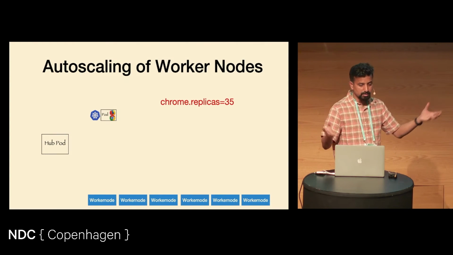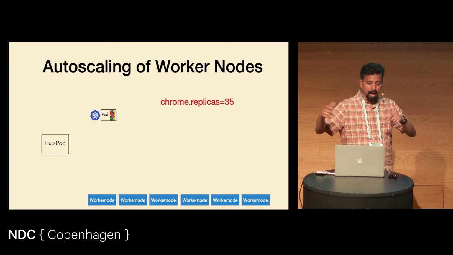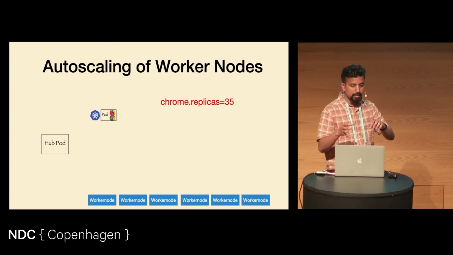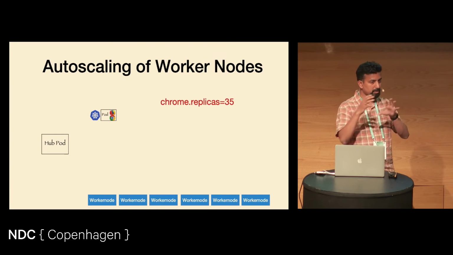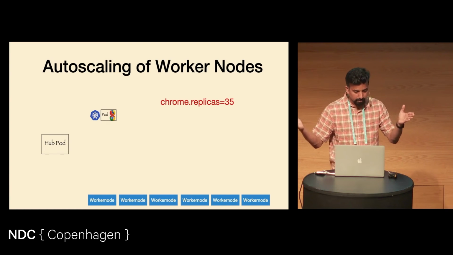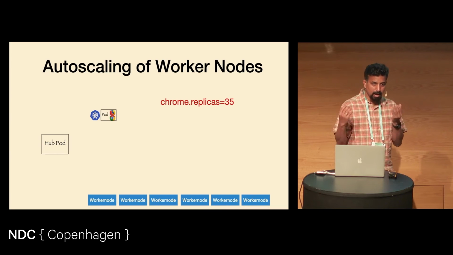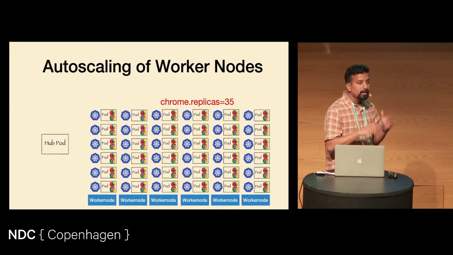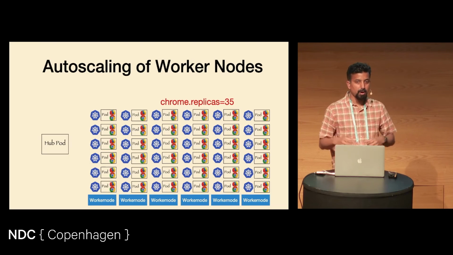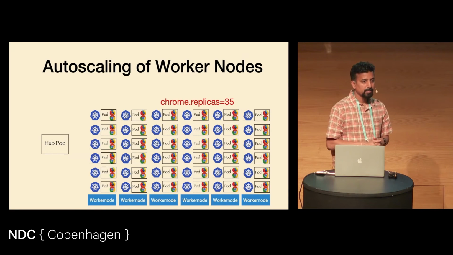The EC2 instance is going to scale up. Based on the Helm chart, each pod requires this much memory and this much CPU, so it estimates I need to scale up by 5 more nodes. Once the worker nodes are scaled up and running, it goes and creates the pods, and now you have 35 browsers.